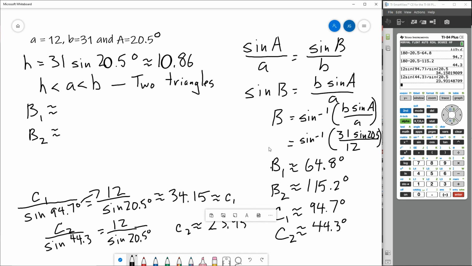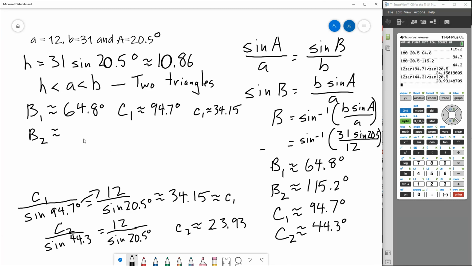I have now finished up my two triangles. My first one is going to have a B1 of approximately 64.8, a C1 angle of approximately 94.7, and a third side, c1, of approximately 34.15.